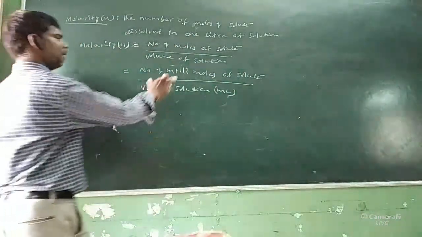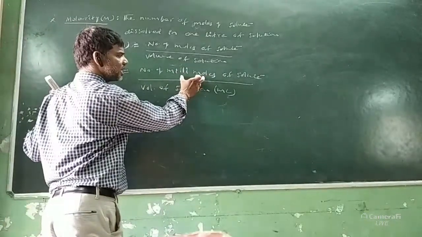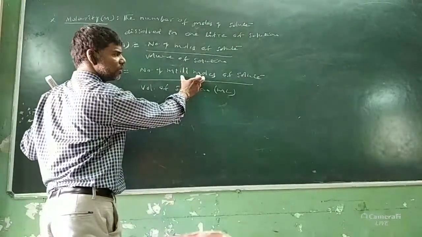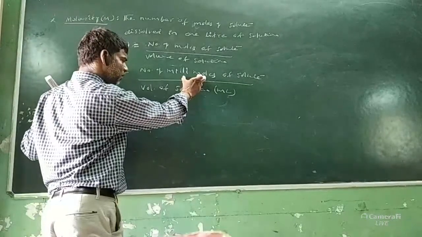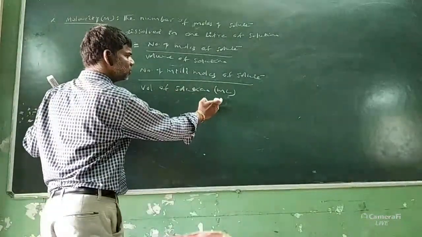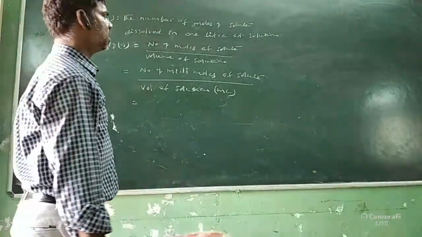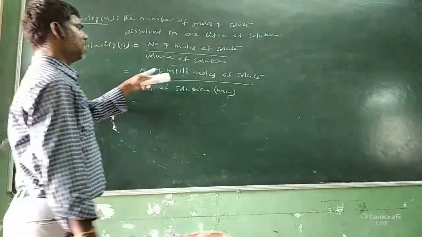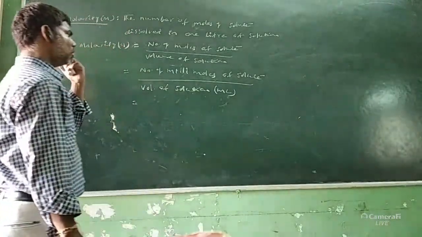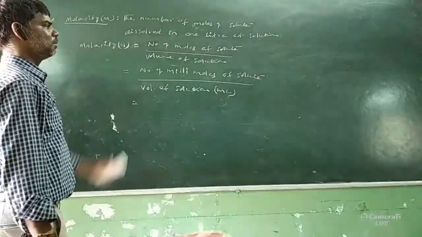Once again, number of millimoles: milli means 10 power minus 3, by volume of solution in ml. That is multiplied by 1000. 10 power minus 3 into 1000, we have only number of moles of solute by volume of solution.